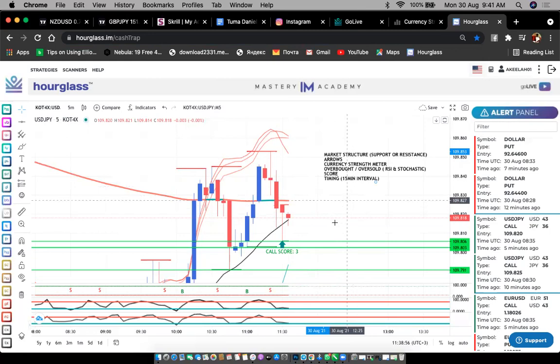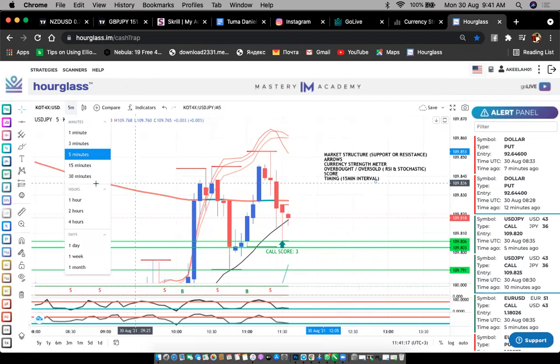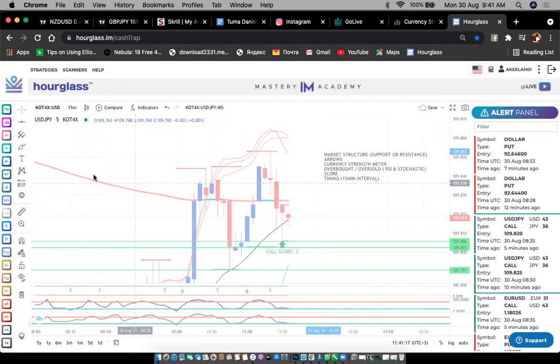How do I get to know the timing, the 15-minute interval? What is the current time now? Time is currently 9:41 Nigerian time. So you wait for the next 4 minutes. When it gets to 9:45, if a trade is in your area and it's telling you a 15-minute call or put, you take the trade.